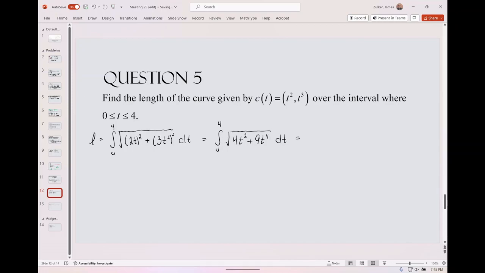Over 0 to 4, t is going to be positive. So you can factor out square root of t squared, which is just positive t on that interval.